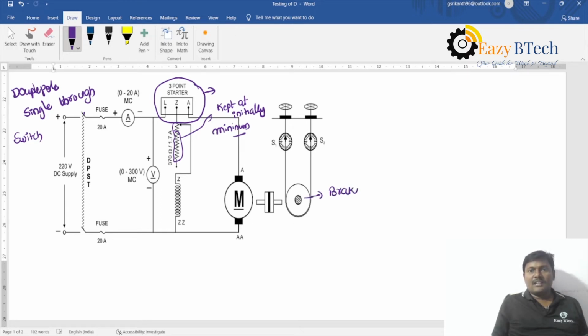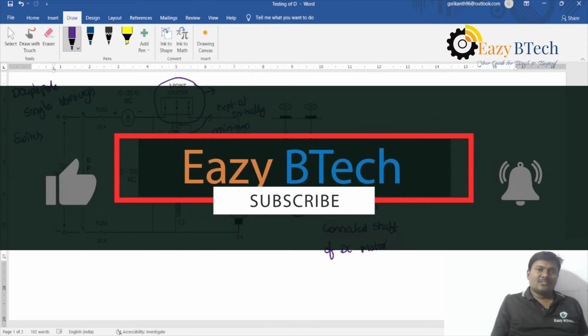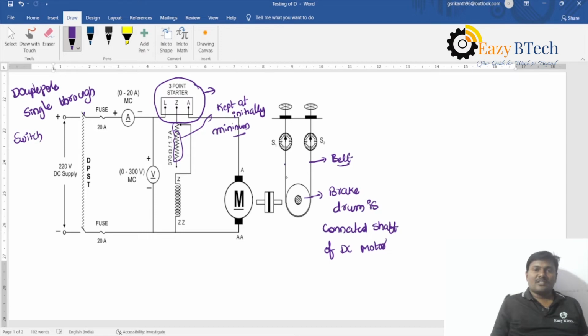This is the brake drum, which is connected to the shaft of the DC motor. A belt is connected to the brake drum with the help of spring balances.